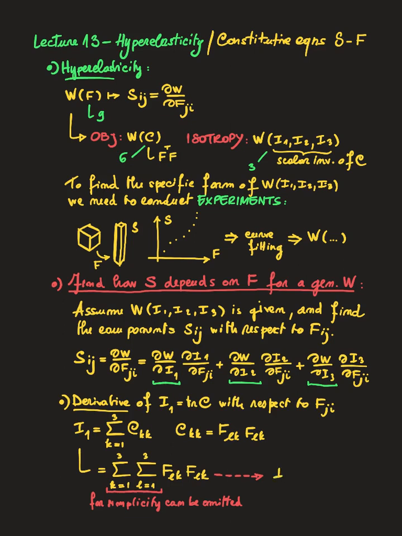So the first invariant can be simply written as F_LK F_LK. Since there is no sum, it is understood that L and K are summed from 1 to 3. This is called the Einstein convention. Apparently it's due to Einstein.